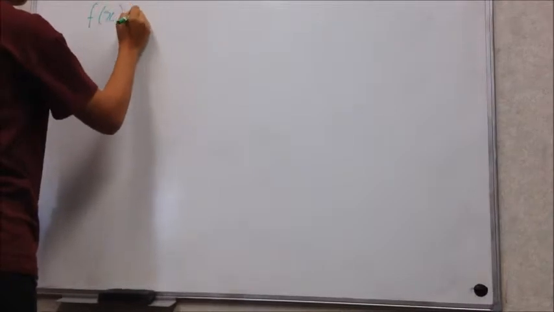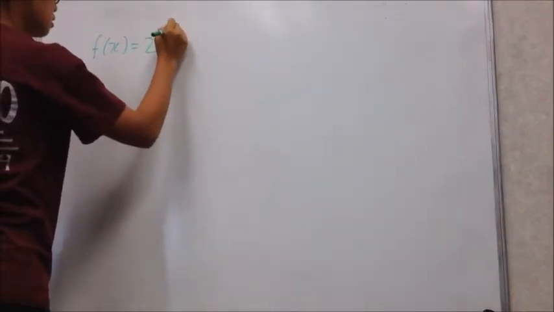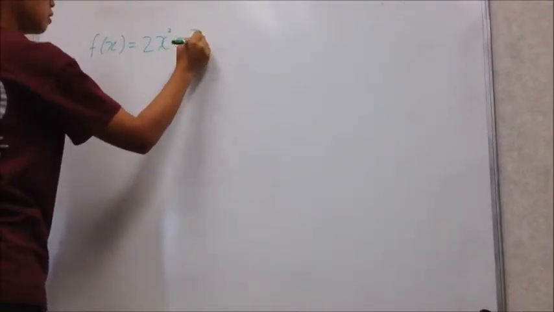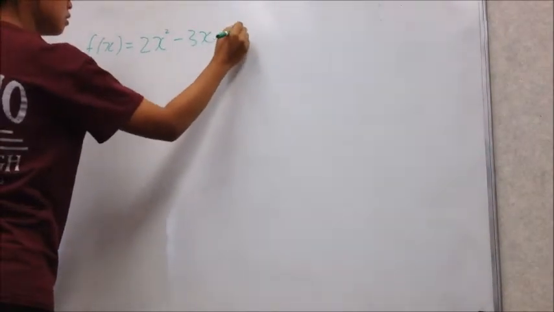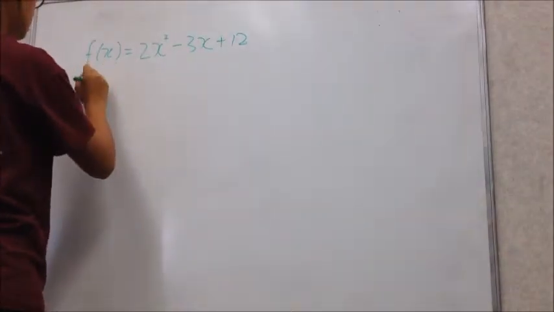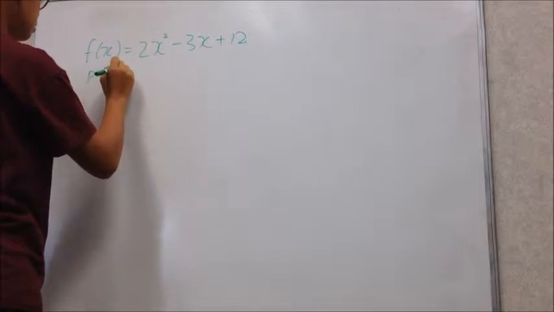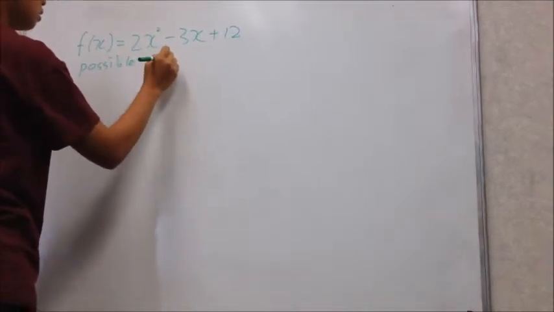For the example, to find possible roots from f of x equals 2x squared minus 3x plus 12, find the factors of p, which is 12, and q, which is 2.